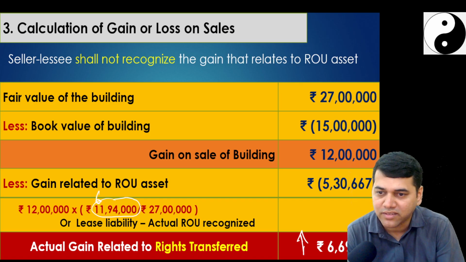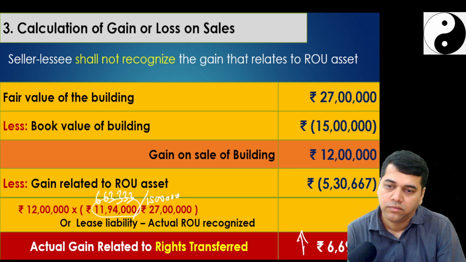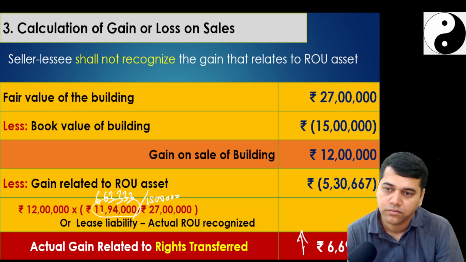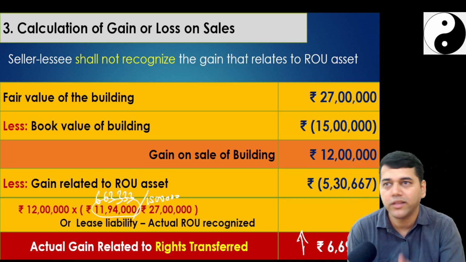You took 6 lakh 63,333 divided by, maybe it may work out. See, mathematical models may work.